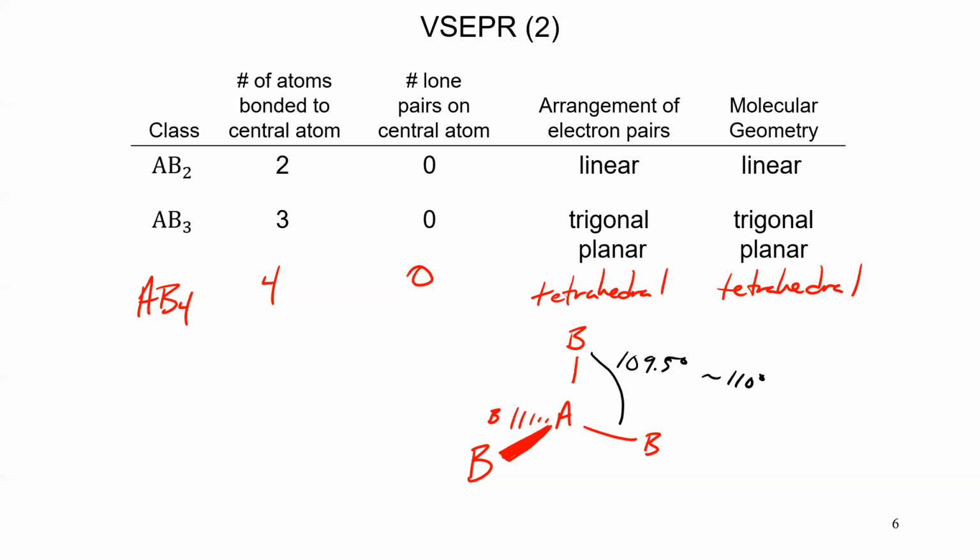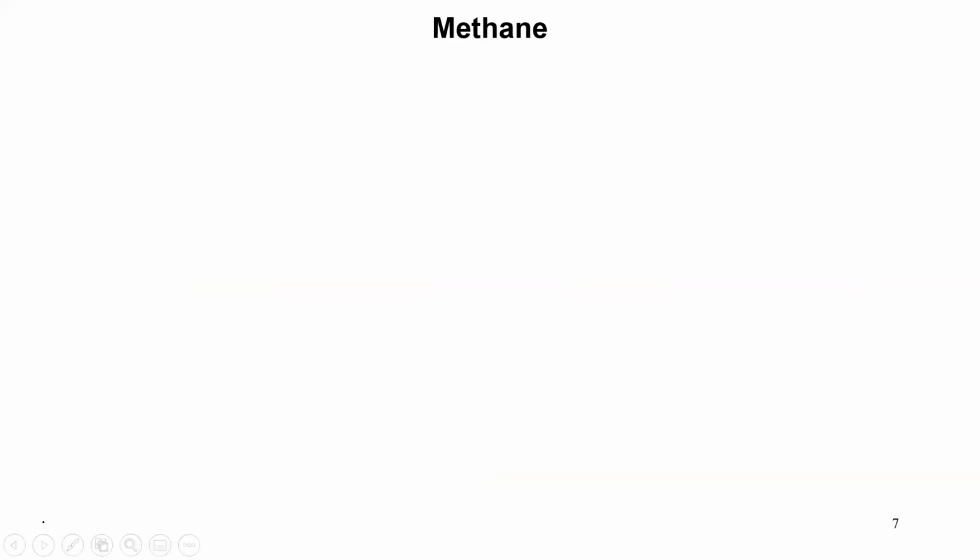And so it turns out that we find tetrahedral geometry a whole lot in the real world. Okay. All right. So the simplest molecule, or one of the simplest molecules with this geometry, would be methane.